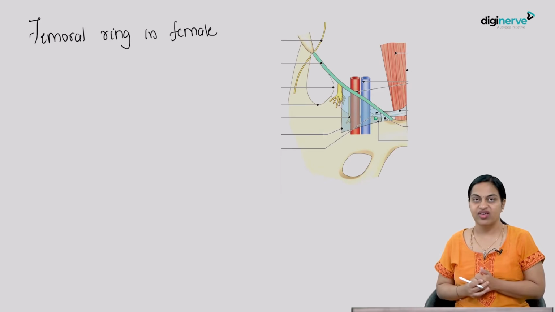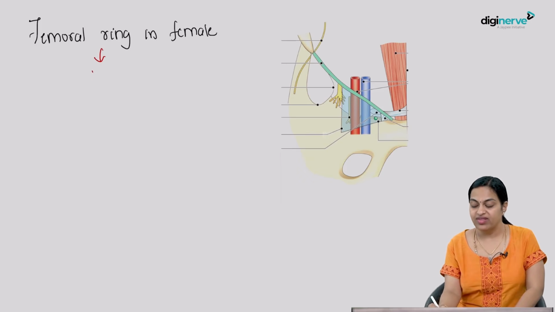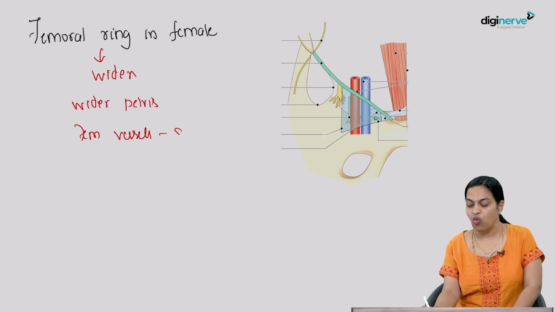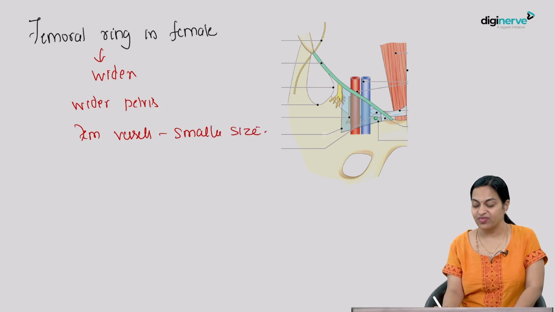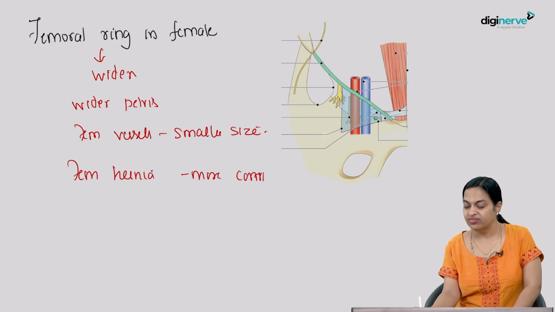Now, this femoral ring in females is considered to be wider because females have a wider pelvis, and also the femoral vessels are of smaller size. All these factors make femoral hernia more common in females, right?